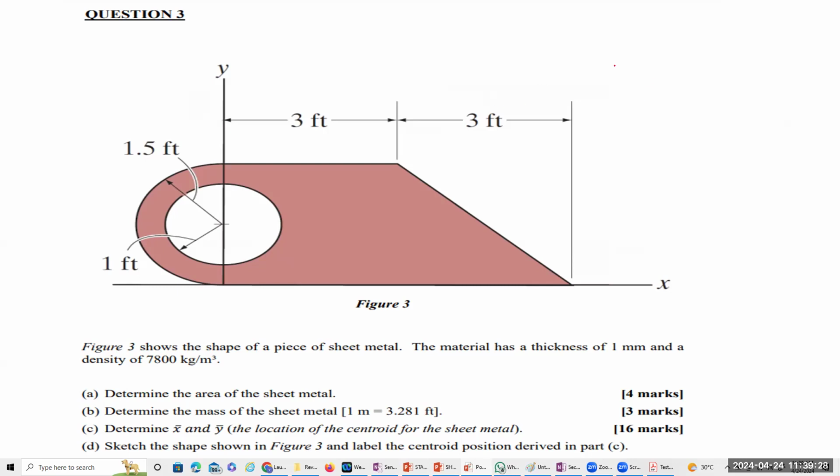I saw somebody writing something for mass and I couldn't believe that they didn't remember the density formula. But it happens. The mass is going to be density times volume, and not density divided by volume.